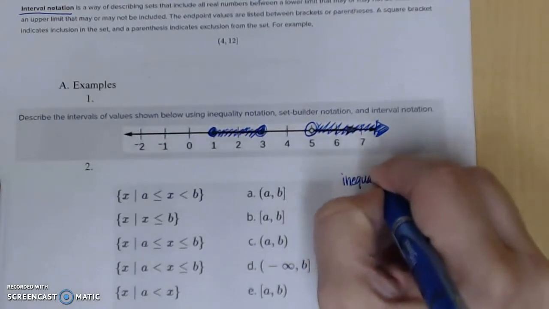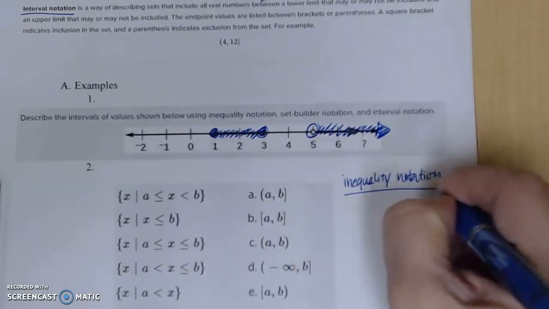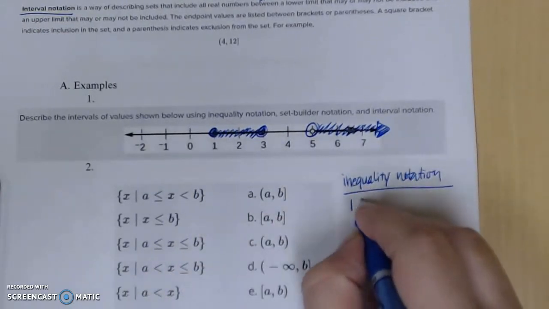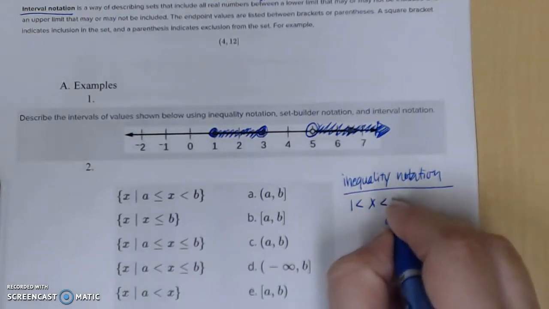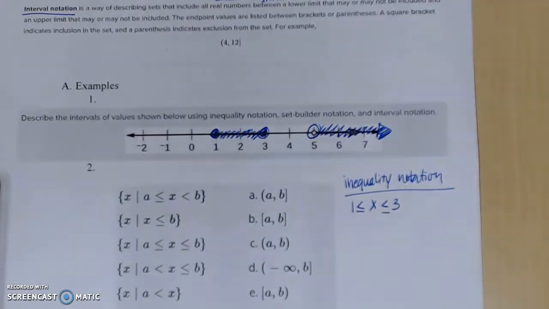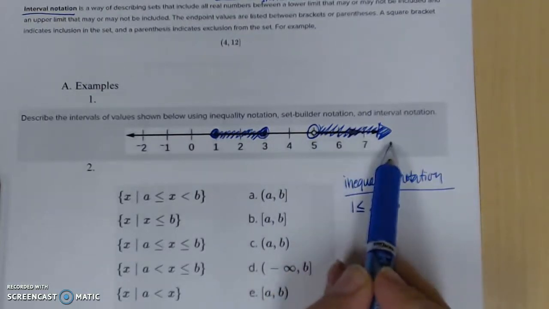First of all, if we wanted inequality notation, I would say we're going between 1 and 3. You'll notice it's shaded in at 1 and 3, so I'm putting an equal to under both of those. And we can see that we're going from 5 all the way up.